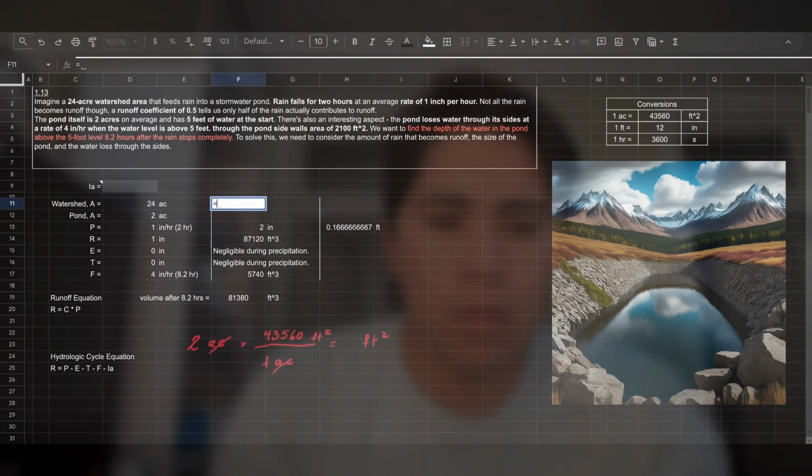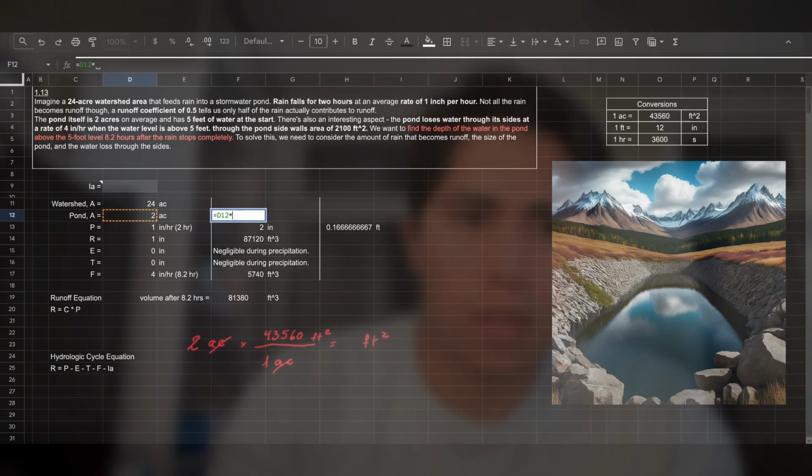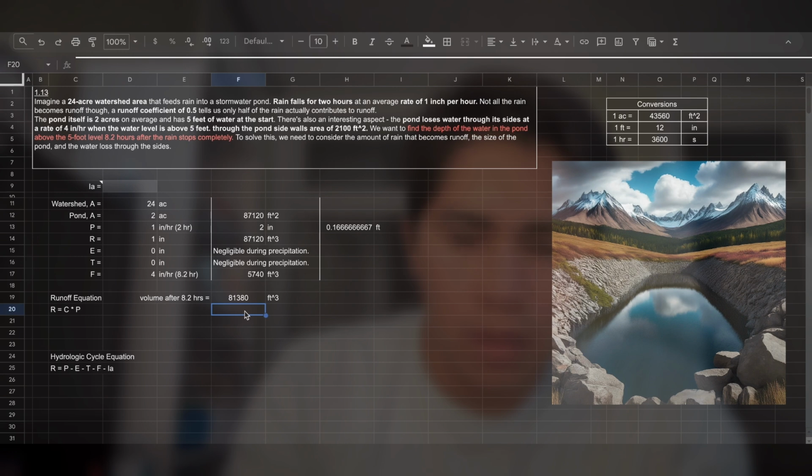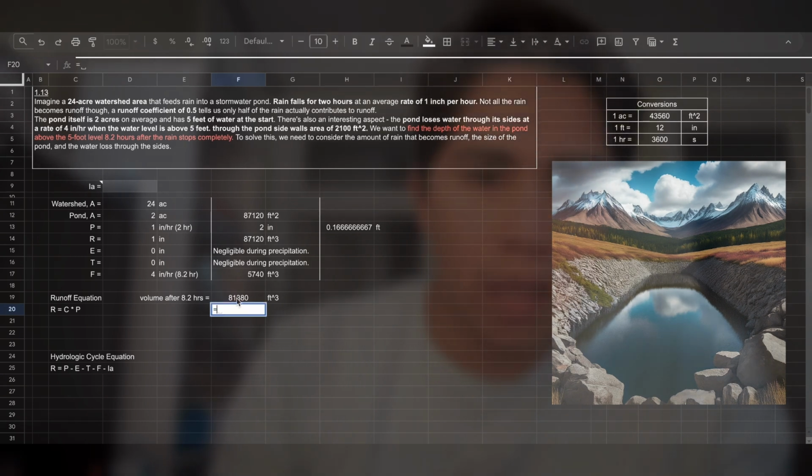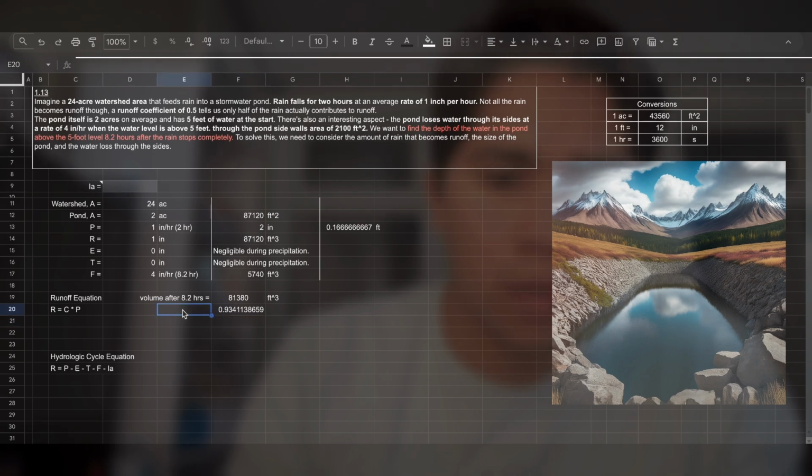So this is equal to 2 acres times 43,560. And that's the same area of the pond in square feet. So the height is equal to the volume divided by the area. And this is the height in feet.